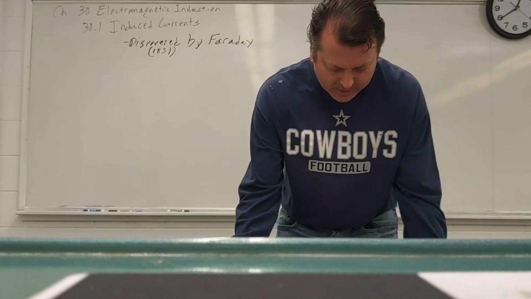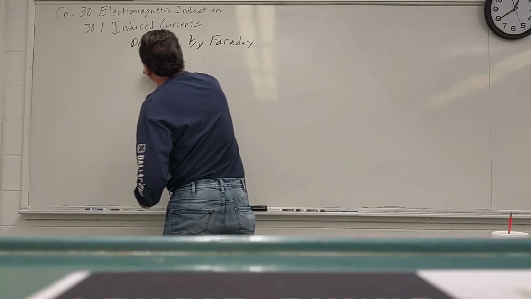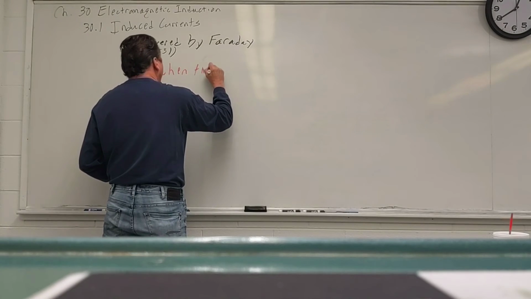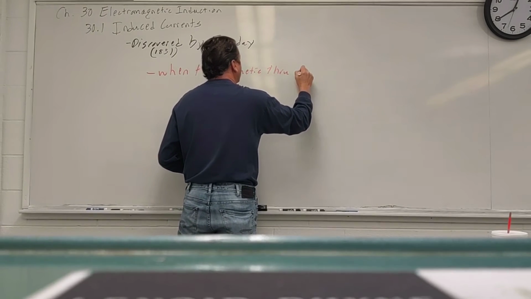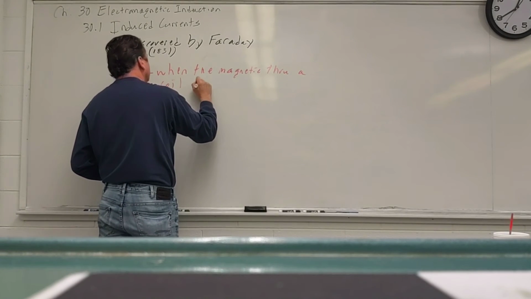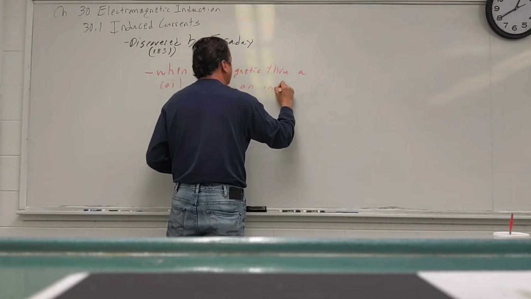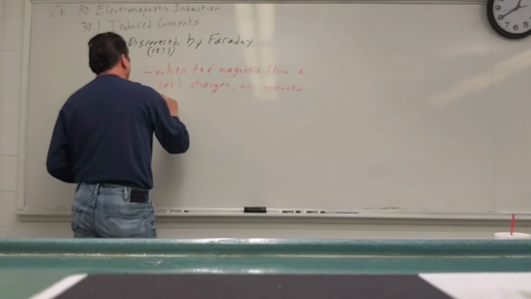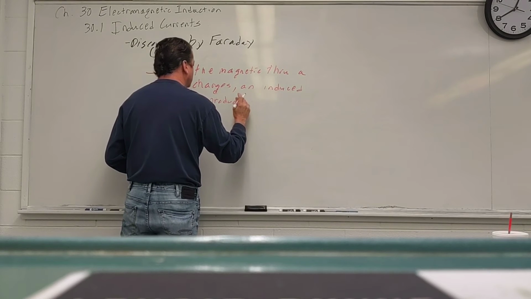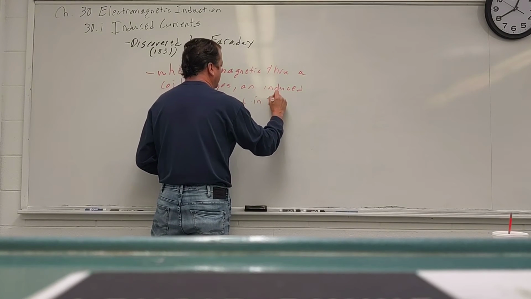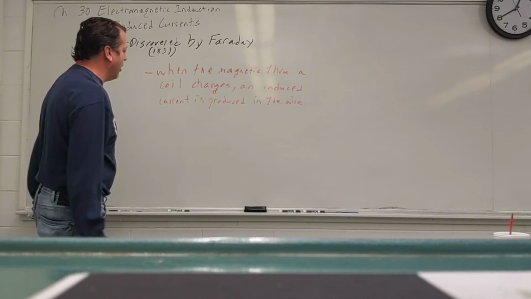So what I will say is, what Faraday found, that when the magnetic field through a coil changes, induced current is produced in the wire. I don't think produced is the best word, but I think it gets the point across.